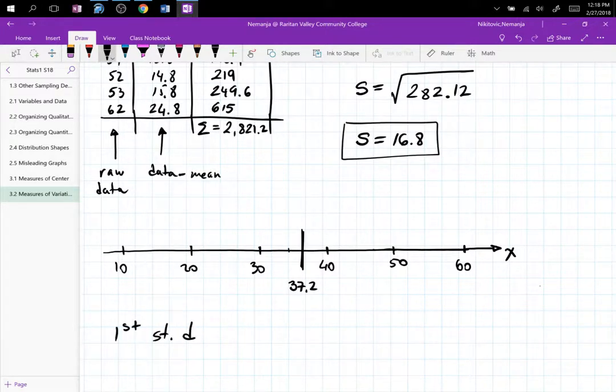First standard deviation is going to be 37.2 plus minus 16.8. So we're going to get two numbers there, right? And I will show exactly what that entails later. So 37 and 16, that's 50, 53, 54. 54 if you add them.